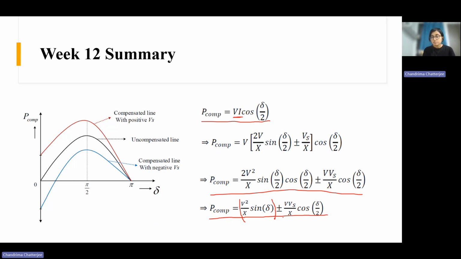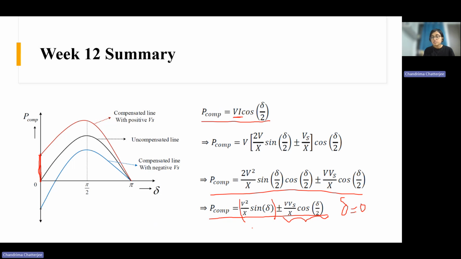The extra term arises due to the compensator, V Vs by X cos delta by 2. So even when delta is equal to 0, when the power angle is equal to 0, P comp is not 0. You can see, because cos delta by 2 is non-zero. That's why if you see this red curve, even at delta equal to 0, there is some P, right?